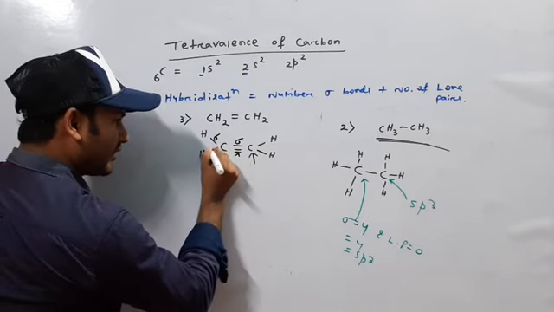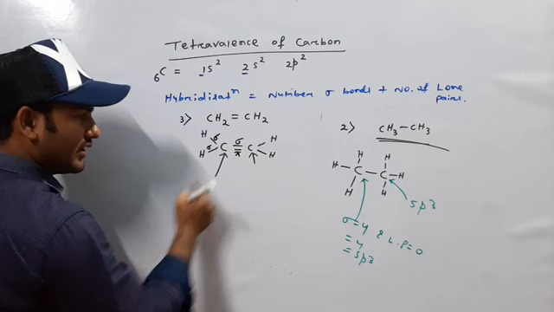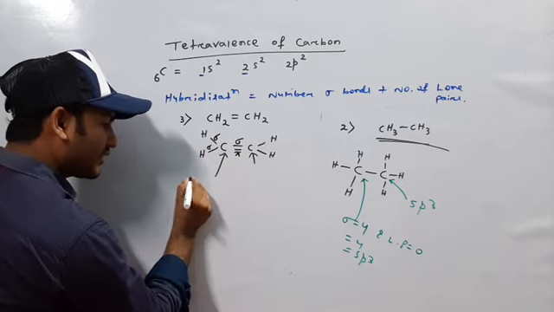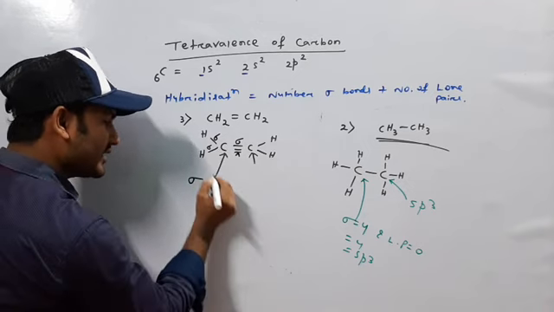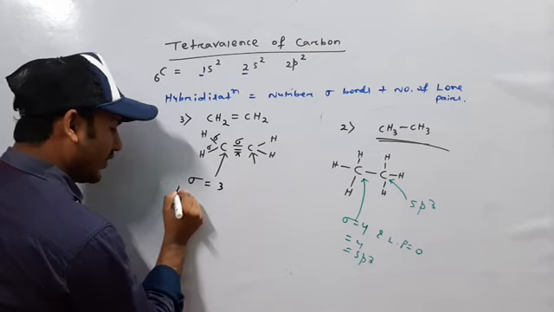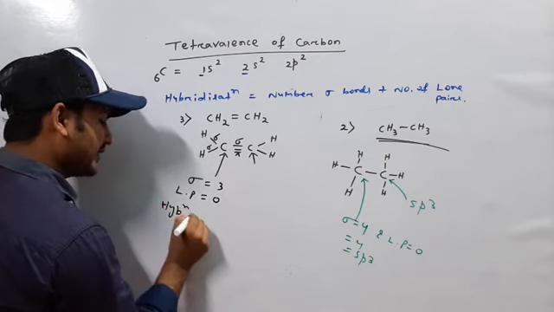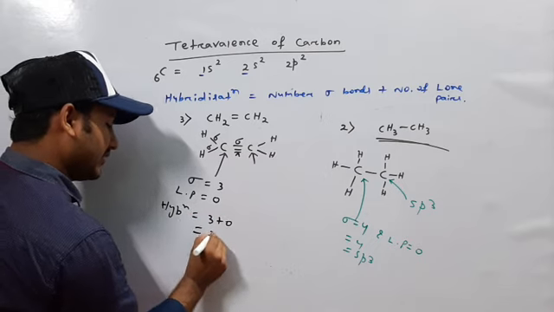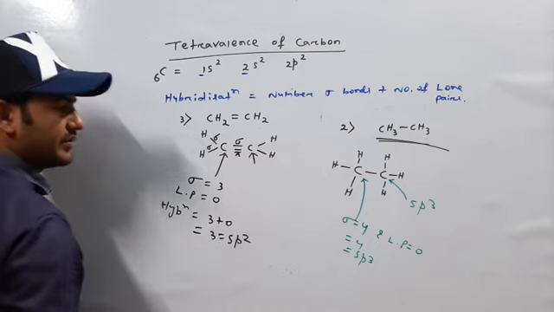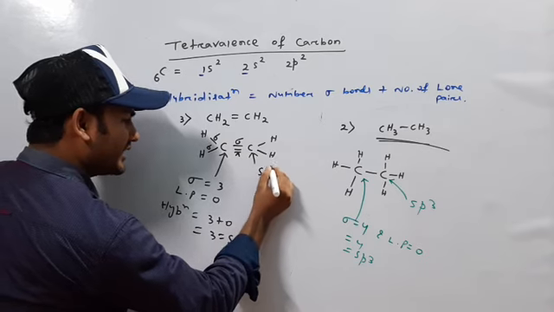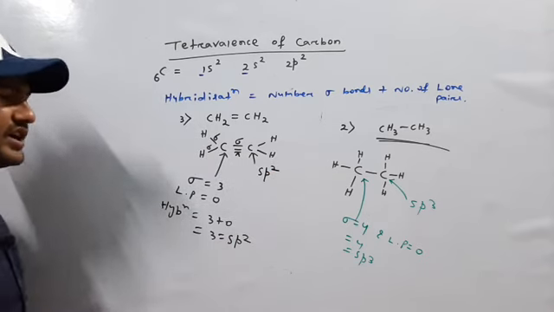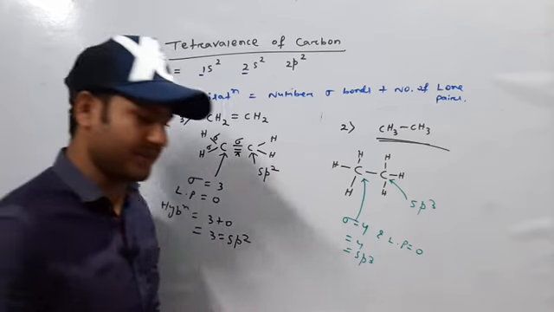In single bonds, all are sigma. So the total number of sigma bonds for this carbon atom is 3, number of lone pairs 0. So the hybridization is sp2. Similarly, this carbon atom also has sp2 hybridization.